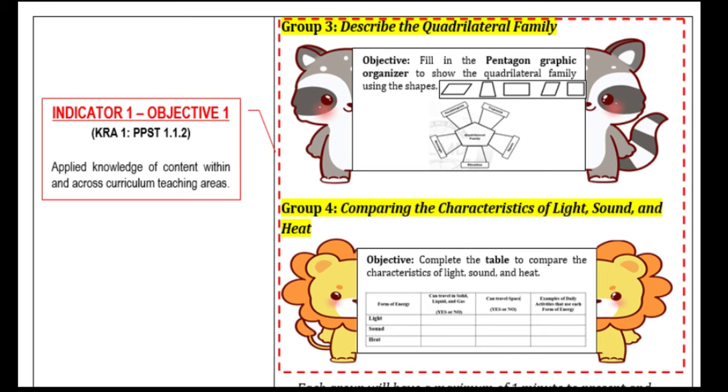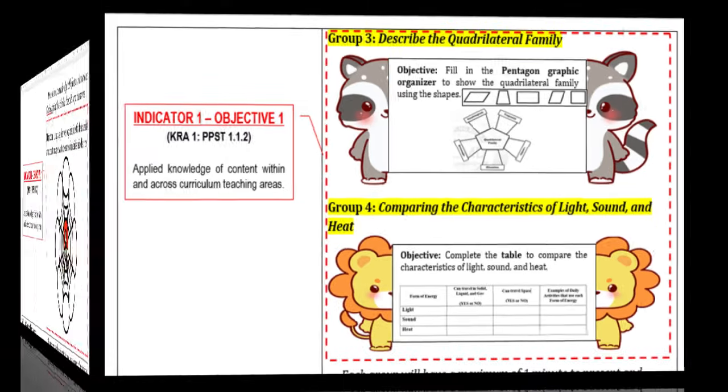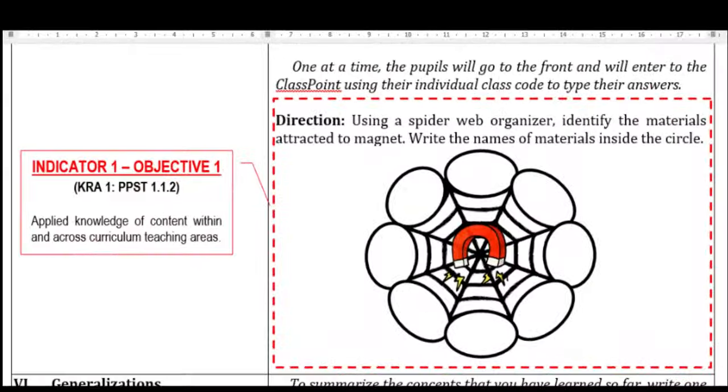So aside from learning the main objective, which is to use appropriate graphic organizers in the text read, the learners also learned and checked their previous knowledge about the integrated lessons from math and science. So here, the learners will identify the materials attracted to magnet using the spiderweb organizer. So it is the integration of a science lesson.